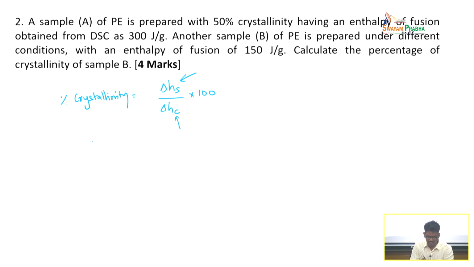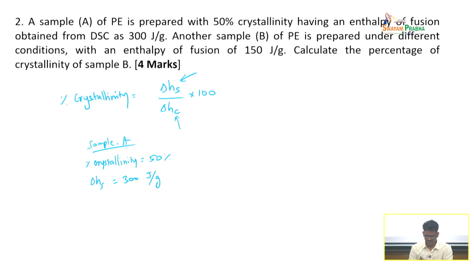Okay. So sample A, what is given? We are given that the percentage crystallinity is 50% and delta Hs is 300 joules per gram. These two data are given.